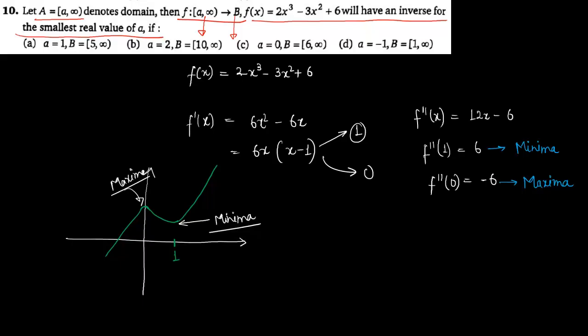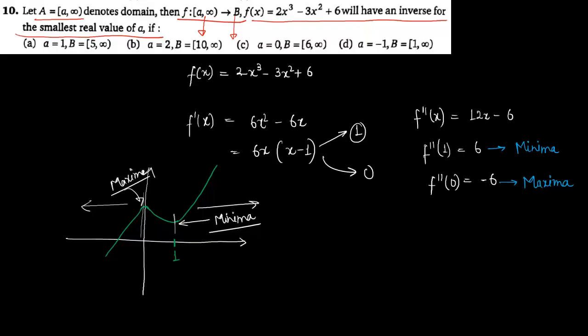Let's see which option is best suited here. We know that for an inverse the function must be one-one. So we have to choose an interval which is strictly increasing or strictly decreasing. We can see that after 1 it is strictly increasing and before 0 it is strictly decreasing.